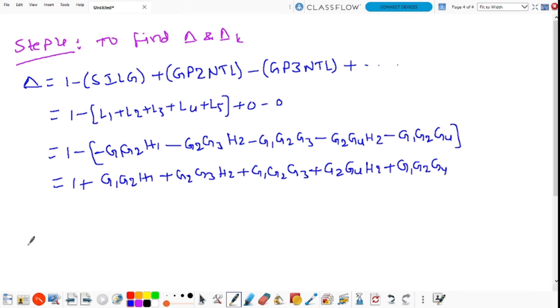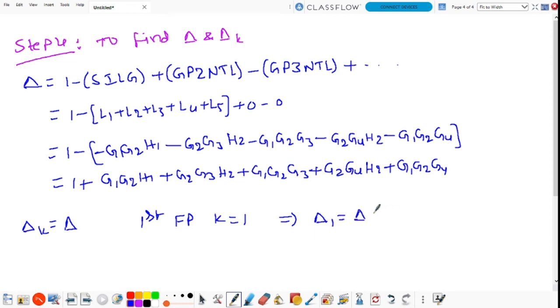Next calculate delta k. Delta k is equal to delta for that part of the graph which is not touching the kth forward path. Now here the total number of forward paths is 2, and for the first forward path k is equal to 1, so delta 1 is equal to delta for the part not touching it.